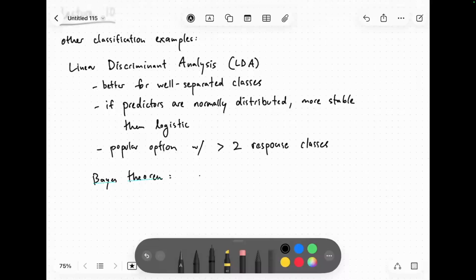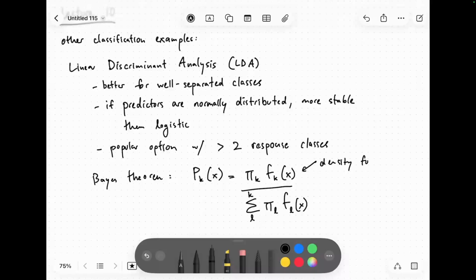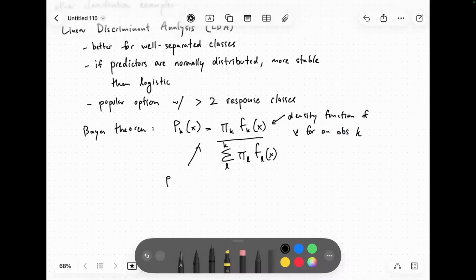So Bayes' theorem looks something like this, where f of x is the density function of x for an observation k, and this is the probability of outcome k.